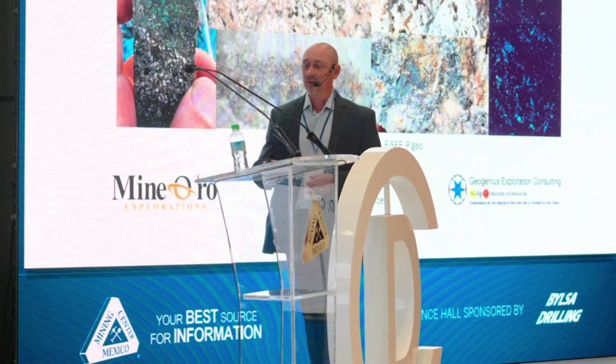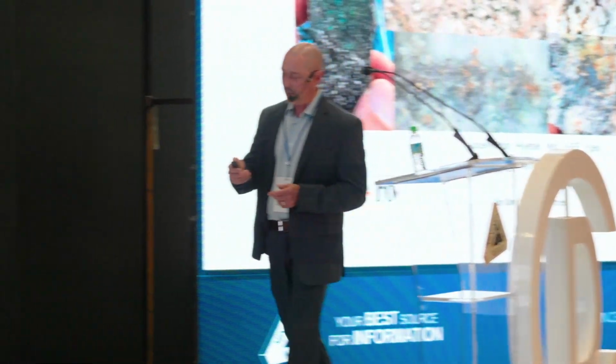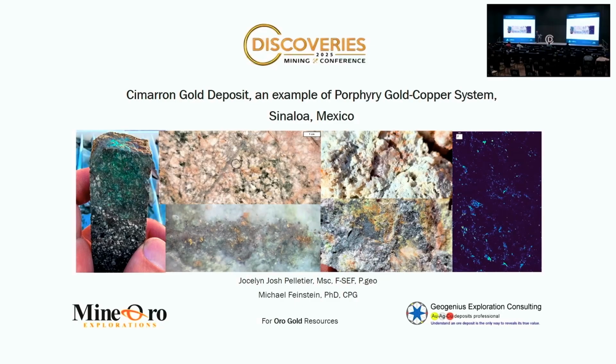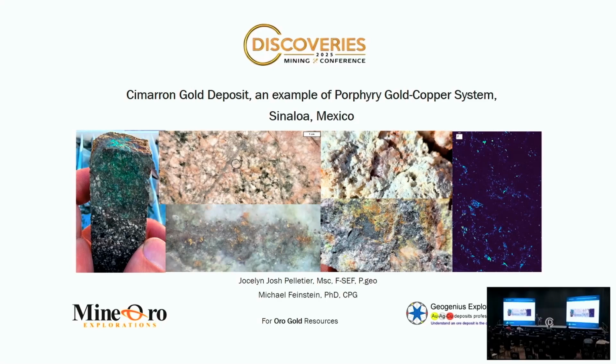So on the first page, I put all the elements that I think are characteristic of a gold porphyry. Of course we have the stockwork inside the porphyry. We have the gold-bearing chalcopyrite, very fine in the veinlets. We have a lithocap above.